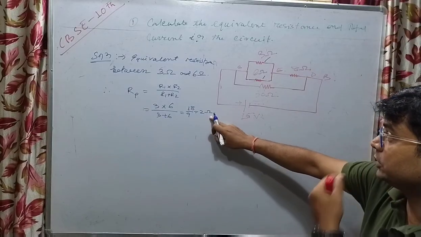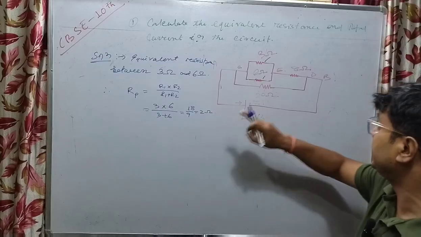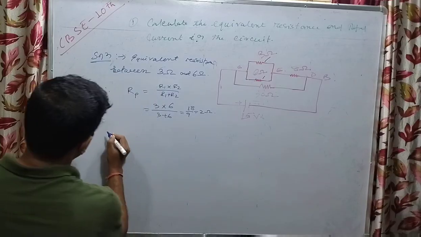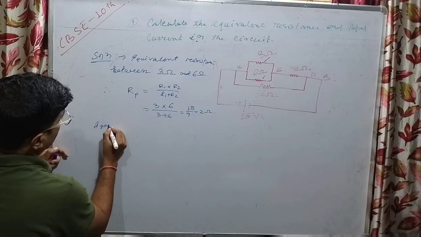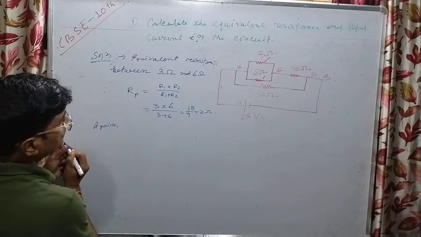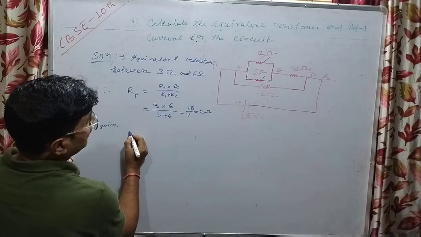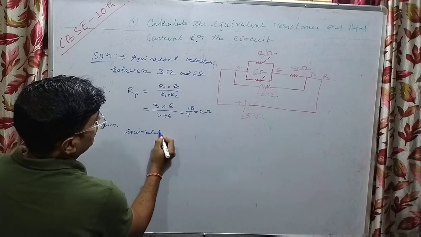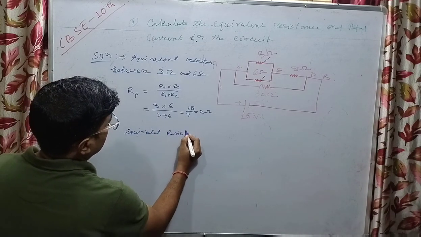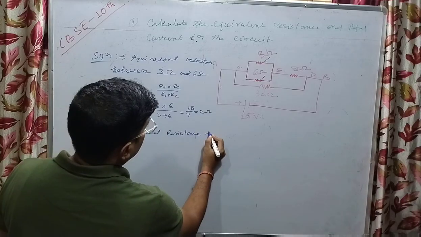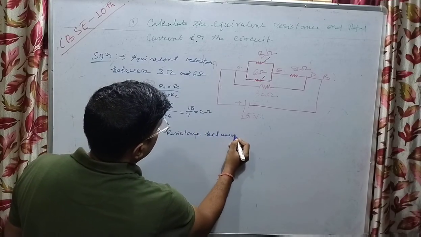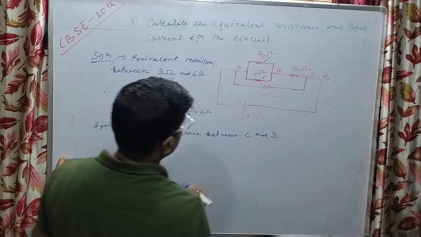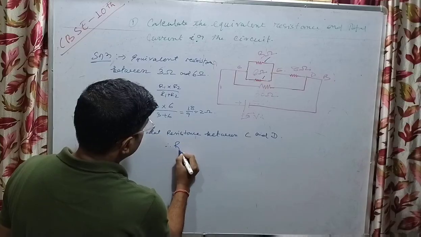Now this 2 ohm resistance is connected with 8 ohm in series. Again, equivalent resistance between C and D. This is in series.